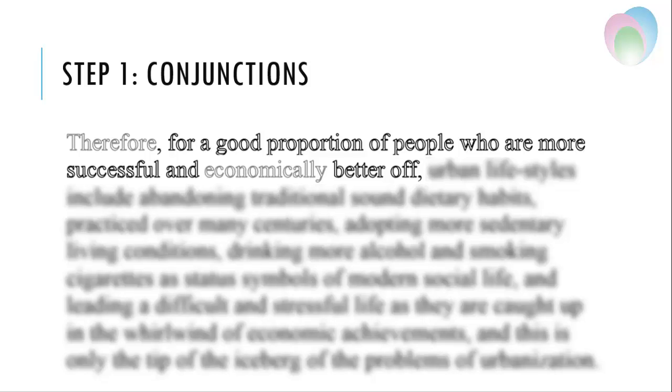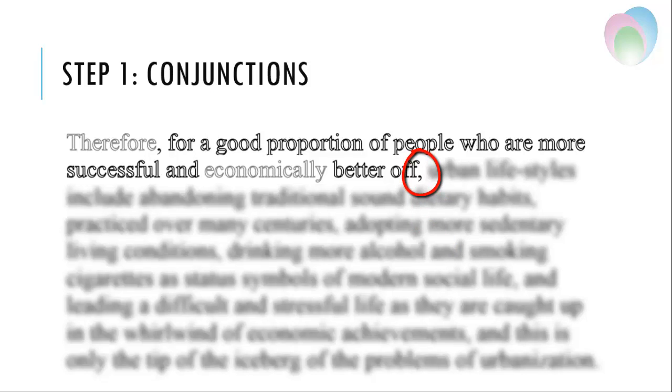The beginning of the sentence for us is the word for. As you can see, the part which begins with the word for and ends with the word of is separated from the rest of the sentence by a comma.